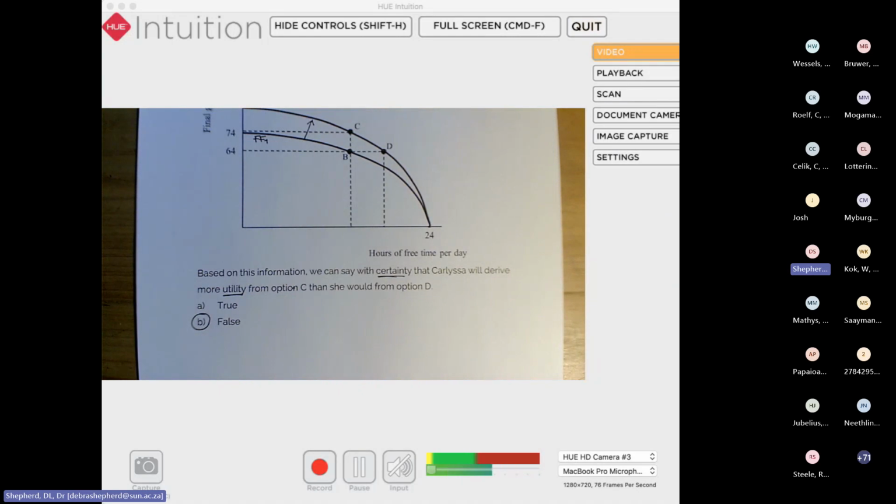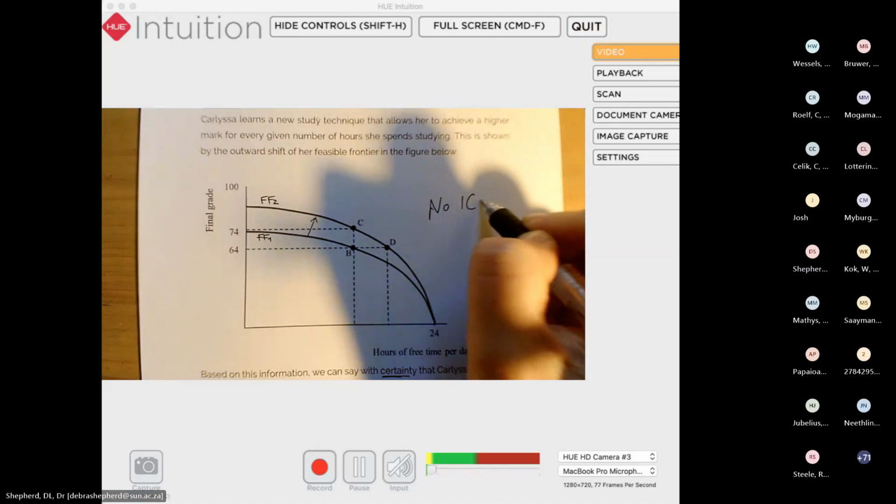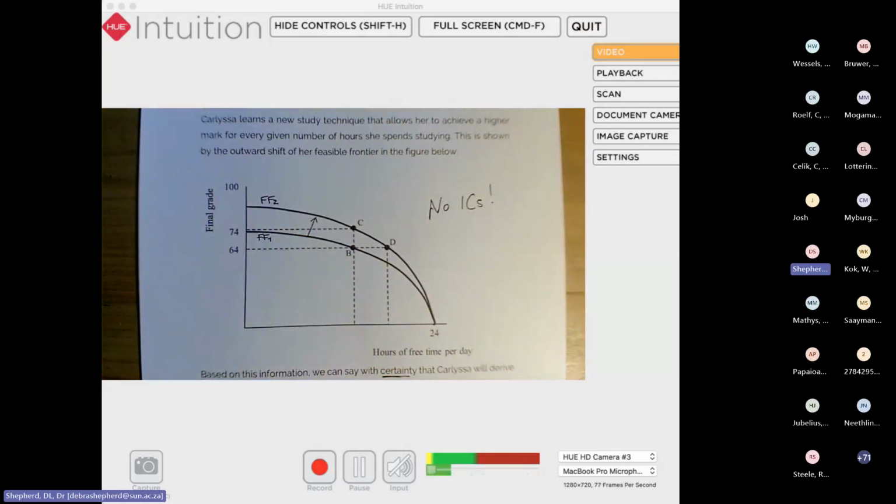We'd need to know her indifference curves. Exactly. Are there any indifference curves in this picture? No. There are no indifference curves. So because we have no indifference curves, we cannot possibly know which of these gives her more utility. Okay, so we don't have the indifference curves.